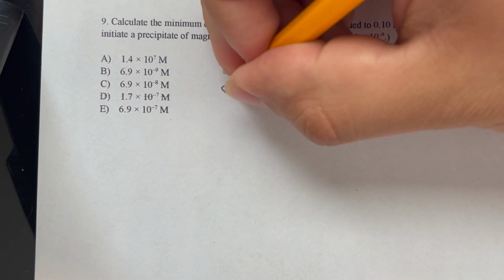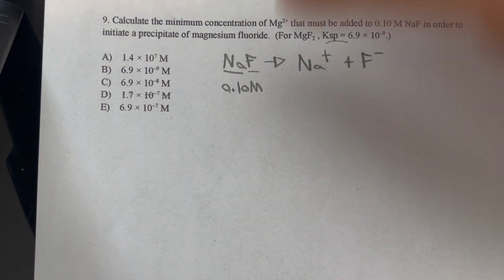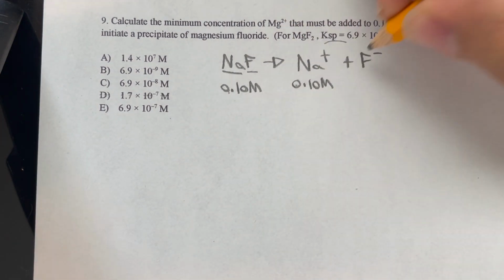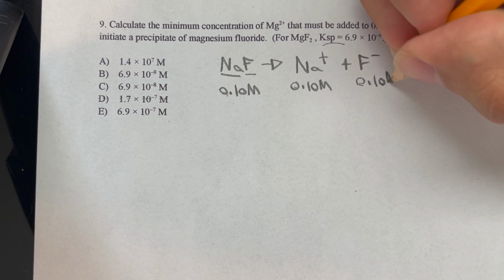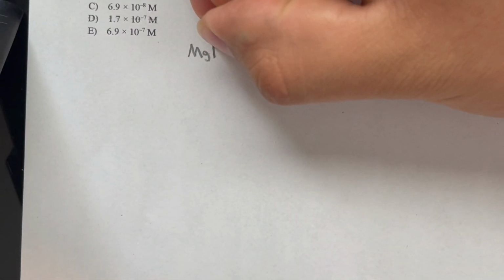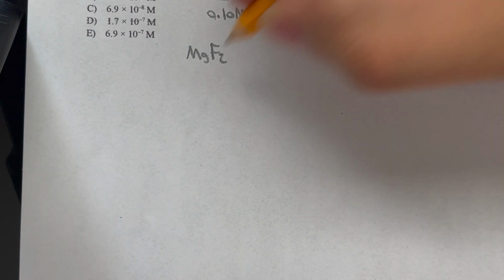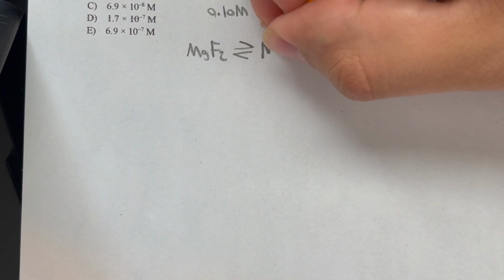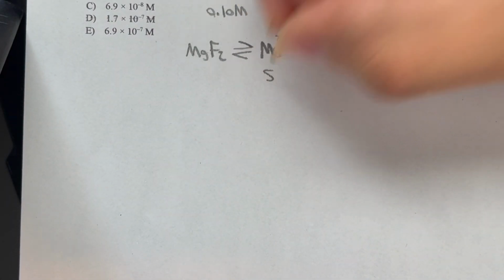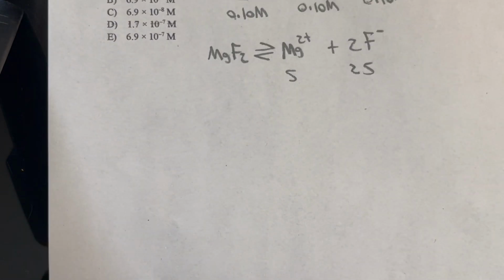If we have a concentration of 0.10 molar, then sodium becomes 0.10 molar, and fluorine becomes 0.10 molar, just like strong acids and bases. Okay, now let's set up the magnesium fluoride reaction. This is insoluble, so it's going to undergo this. And then we have S and 2S here.